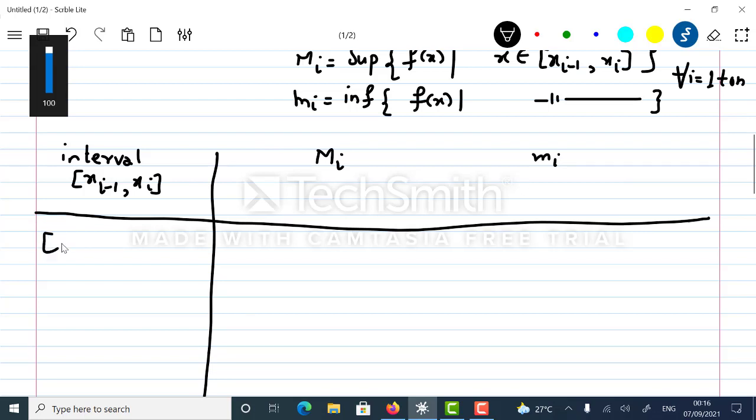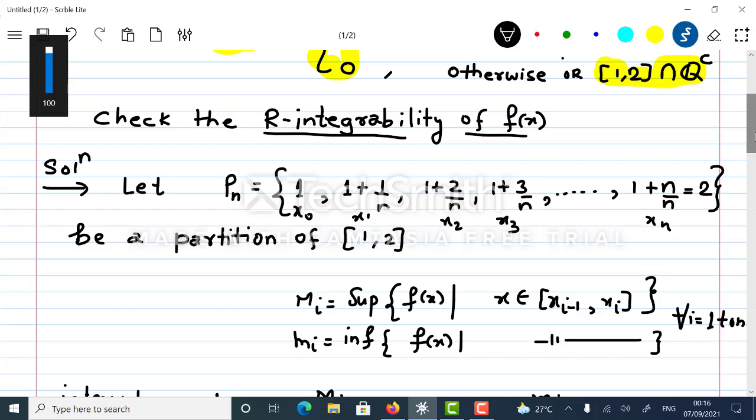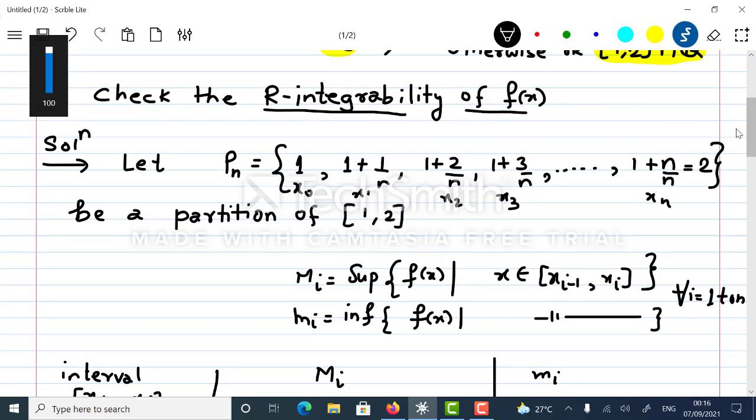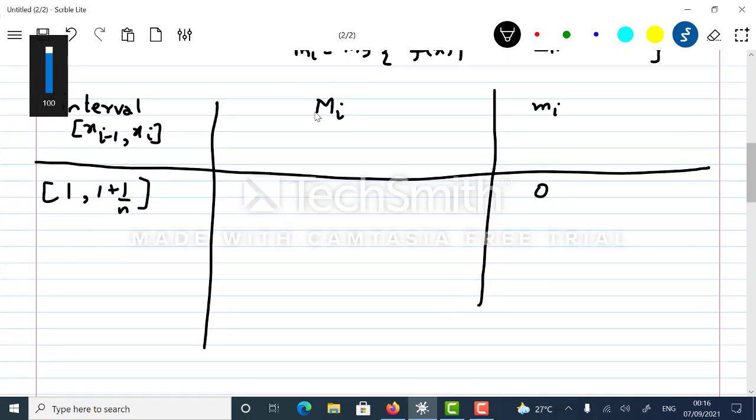For the first interval, 1 comma 1 plus 1 by n, that is x0 comma x1, the infimum is very clear because it's 0 anyway. Otherwise f of x is x, so I need to find the largest x. Capital Mi is the supremum, so the largest Mi which is rational could be 1 plus 1 by n only here.